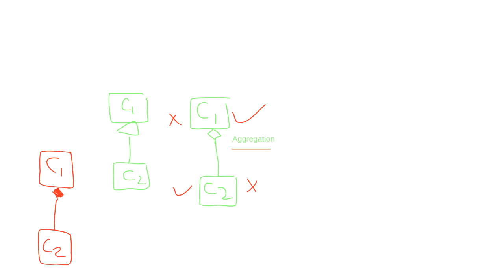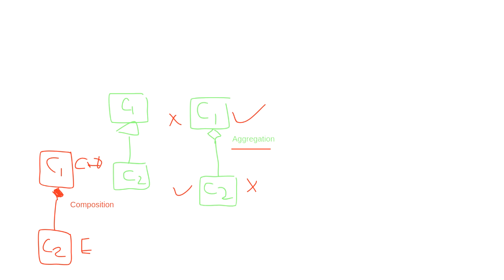Now, what do you mean by composition? Composition means these two classes are dependent on each other. Take an example: this is a car and this is an engine.